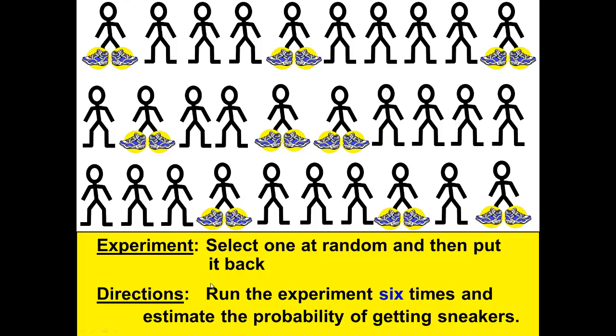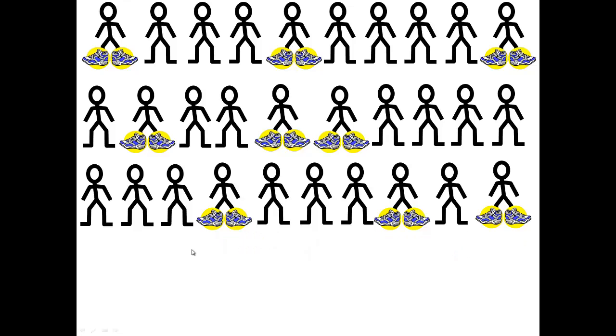So here we have our population, and we're going to actually run an experiment using our TI-84 calculator ourselves, randomly selecting some of these students. To aid in doing this, Ms. Borlaug created a nice visual for us of our 30 students, with 9 of them wearing sneakers.